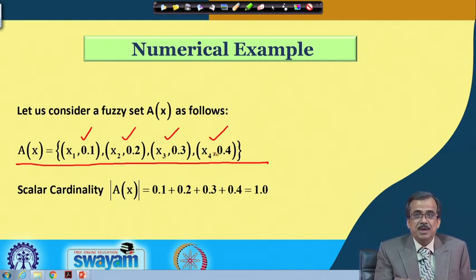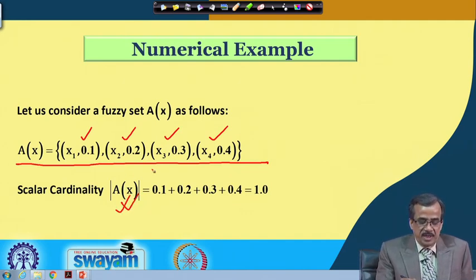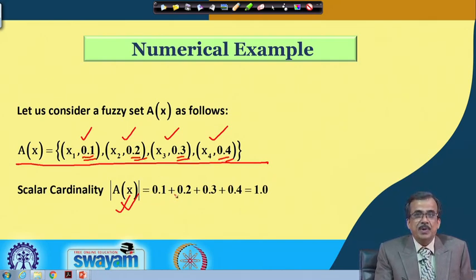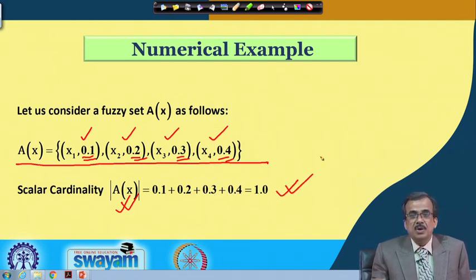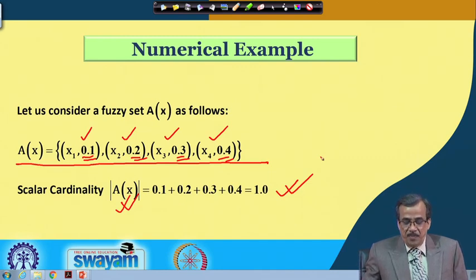So, this is a discrete fuzzy set. Its scalar cardinality is denoted by this particular symbol, and that is nothing but the sum of all the mu values. That means, here we have 0.1 plus 0.2 plus 0.3 plus 0.4 and this is nothing but 1.0. So, 1.0 is the scalar cardinality of this particular fuzzy set A(x).